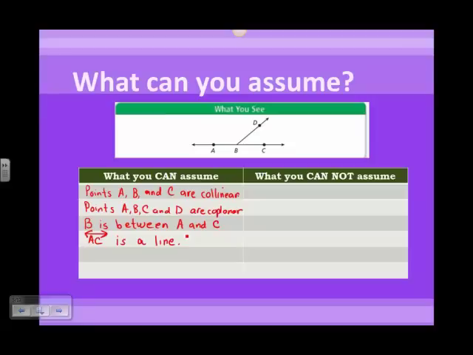Looks like it's safe to assume that angle ABD and angle DBC are adjacent angles. And something else that is safe to assume is that ABD and DBC form a linear pair.